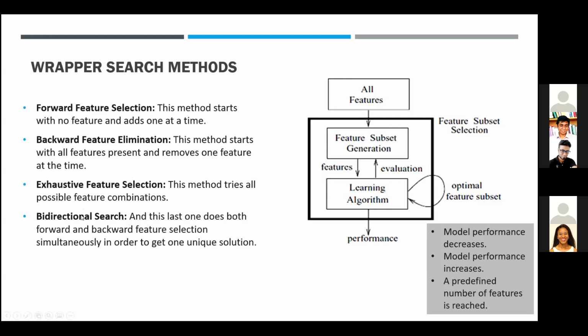Then there's also the bidirectional search, where you perform the forward feature selection and backward feature elimination simultaneously until you get one unique solution. And this becomes a benefit because both the forward feature selection and the backward feature elimination are greedy algorithms. For example, you select your first good predictor, and then it selects your second good predictor.